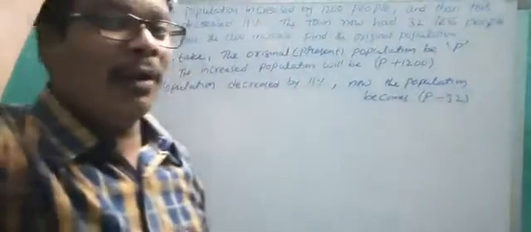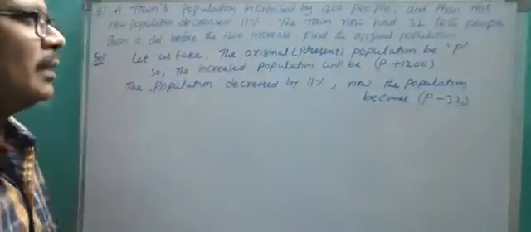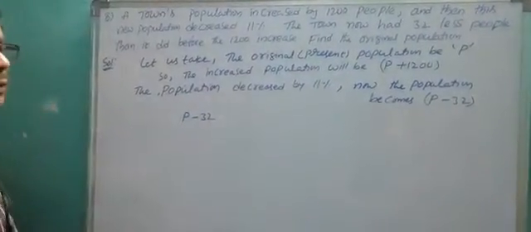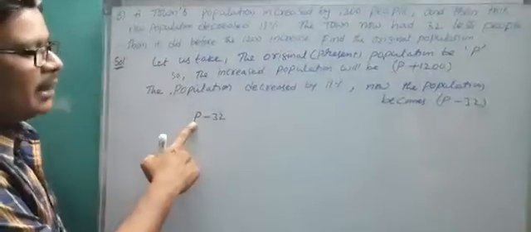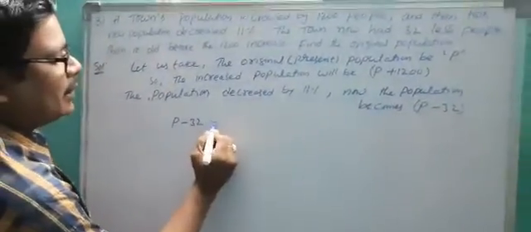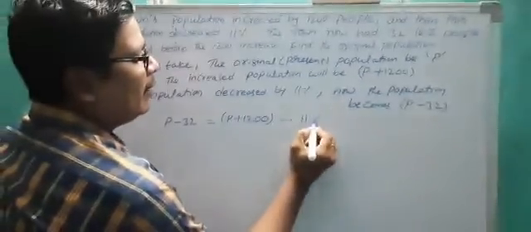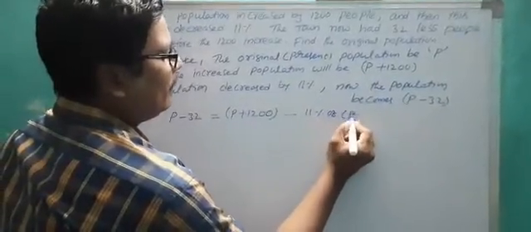Okay, the original population decreased by 32 people, that means P minus 32. That is equal to P plus 1200, the new population, minus the decrease, which is 11 percent of P plus 1200.